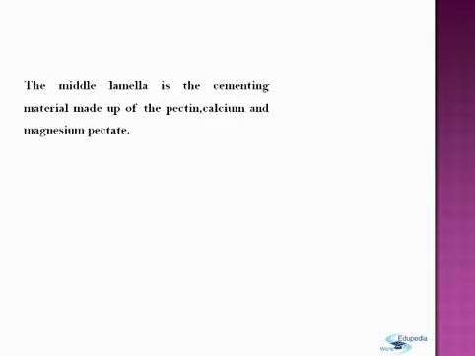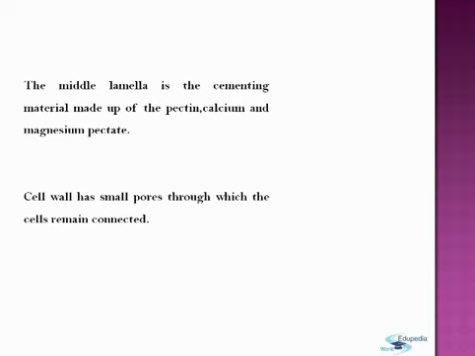If we just place the bricks one on top of the other, it is not going to provide that extra strength until and unless we put something to stick the bricks together. Similar is the function of the middle lamella. It acts like a cementing material which gives the extra strength to the cell wall. This middle lamella is made up of pectin, calcium and magnesium pectate.